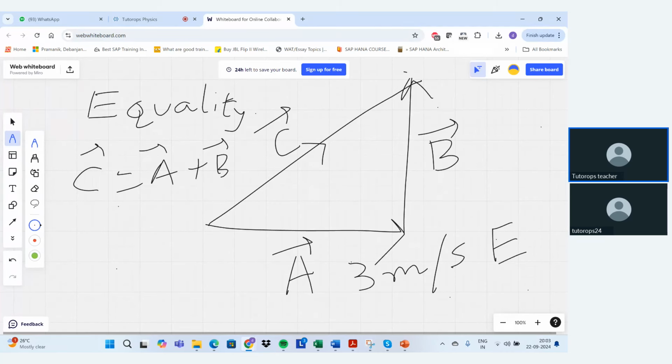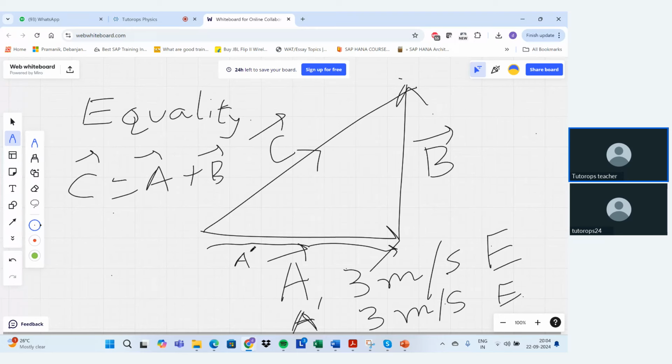Now the other vector is A sharp. If this vector also carries the same magnitude with the same direction, that we have to mind, then A sharp will be the same. This is called equality of vectors.